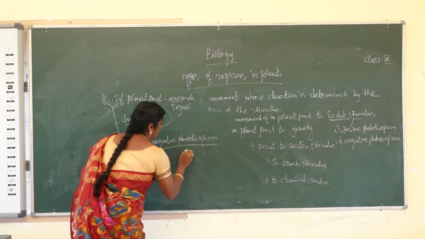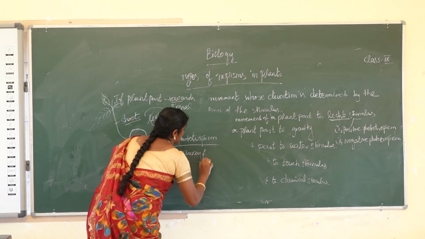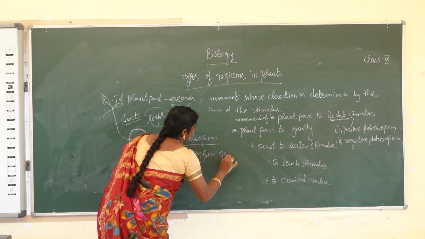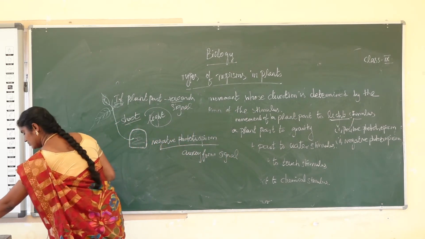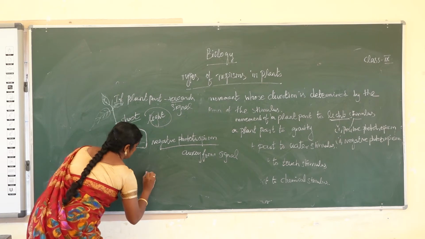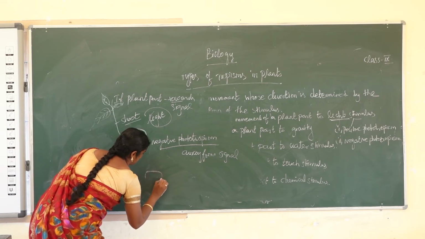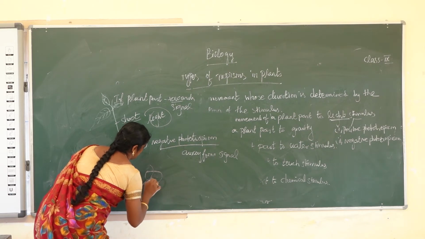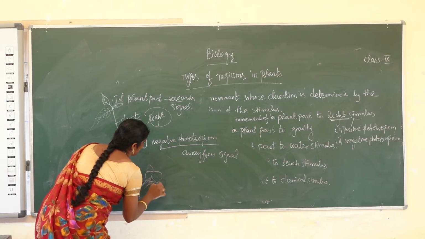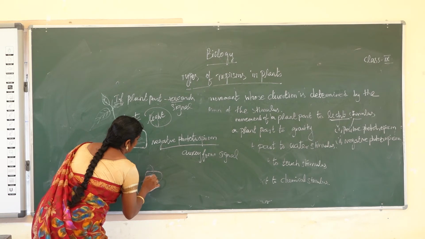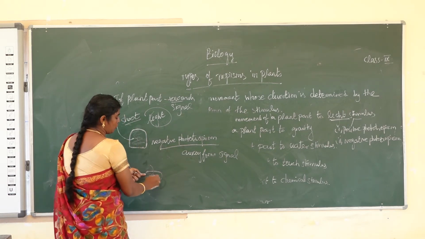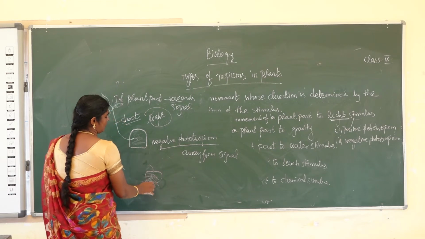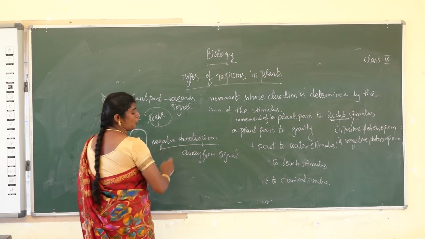For example, the root part of a plant moves away from the light, opposite to the light, growing underground in the soil. That is called negative phototropism.